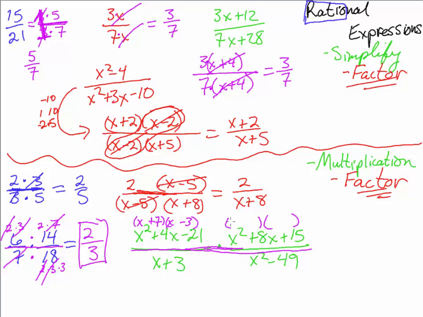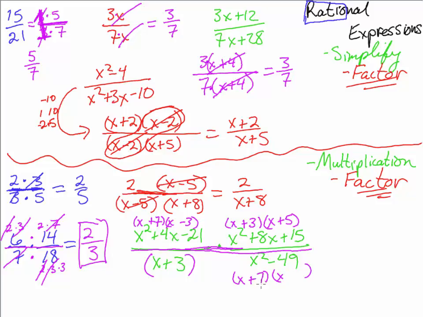We have x and an x, what times is to 15 and adds to a positive 8? That's a plus 3 and a plus 5. Oh, we're getting closer. Look at that. Those x plus 3s will cancel. And again, this just multiplies with this guy. Ooh, but what does that factor to? Oh, that's a difference of squares.